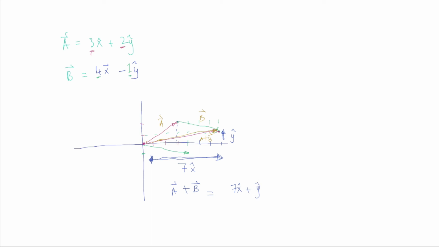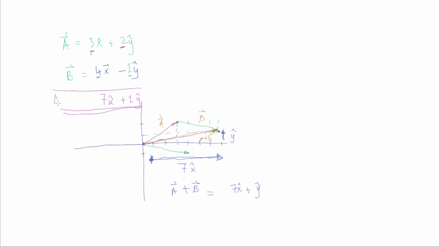Now I could have done that easily without drawing by just adding up the components by themselves. So you can see here A is 3x hat plus 2y hat, B is 4x hat plus minus 1y hat. So I'm going to add the x hats and put them together. 3 and 4 gives me a 7, and 2 minus 1 gives me a 1.